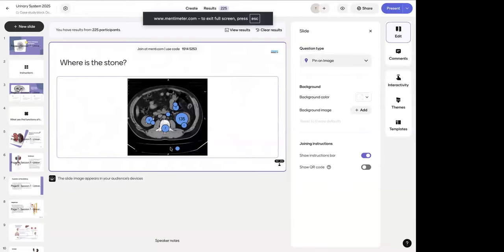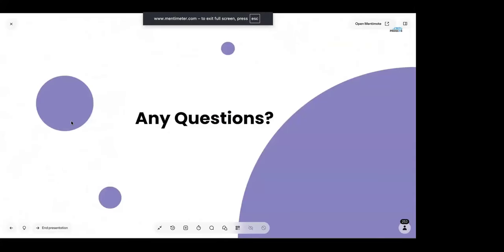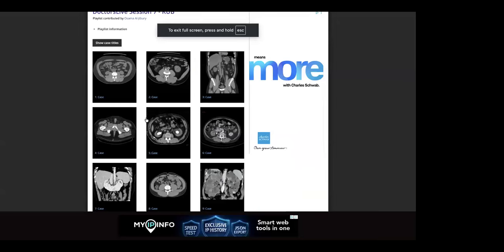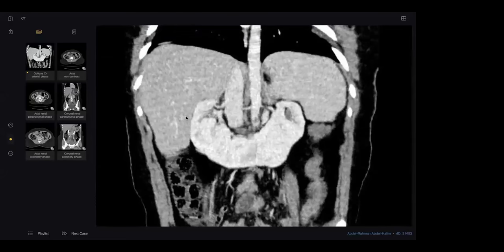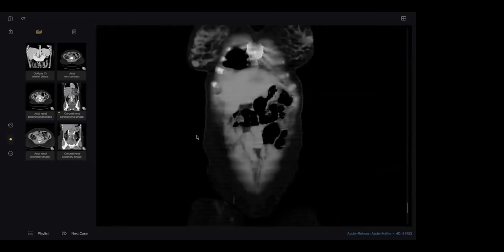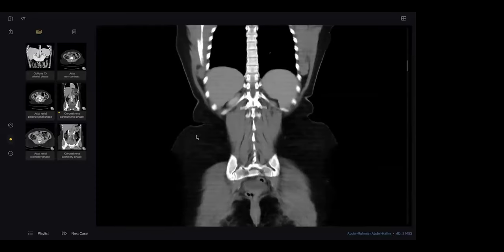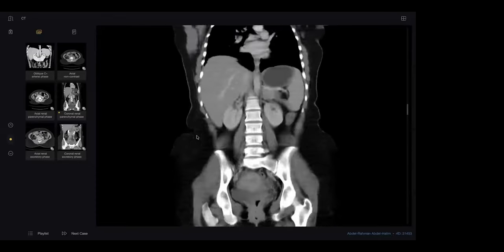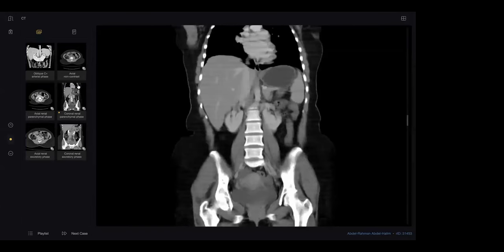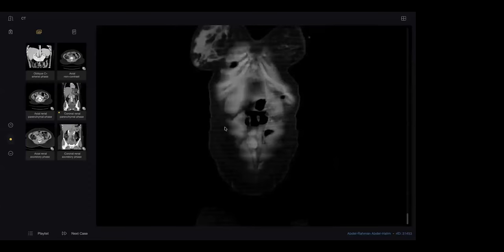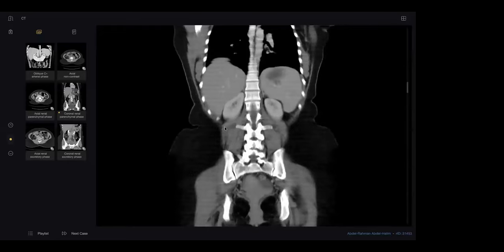And then I can show you something else as well. This is a bonus question. This patient had some pain, and then we did a CT scan on them, and they have something called a normal variant. Can anyone see what the normal variant is?